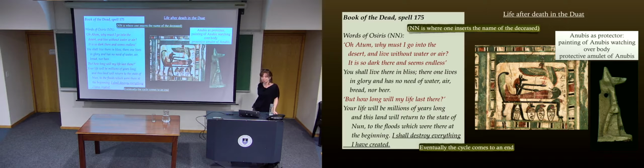But what happens in the end, at least for the Egyptians, is that in theory, Atum is going to come along and destroy everything he made and go back to just being the primordial waters, right? So creation is a process of differentiation. Eventually, it's all going to come back together again. And so we're told that when you die, you're going to live in the Duat, in the underworld, until that time when everything becomes one again.